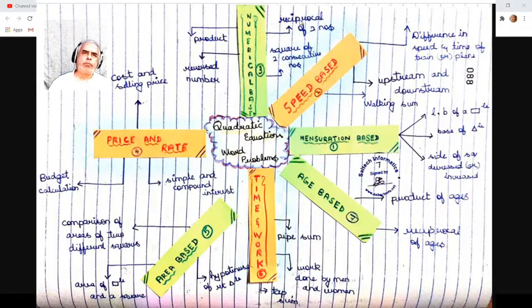Then, the third one is related to numericals. For example, an unknown number may be given as x and its reciprocal is 1 by x. They will give some clue, product or addition of this number gives that. In that case, you should be able to identify that. And the product of two consecutive numbers can be given.